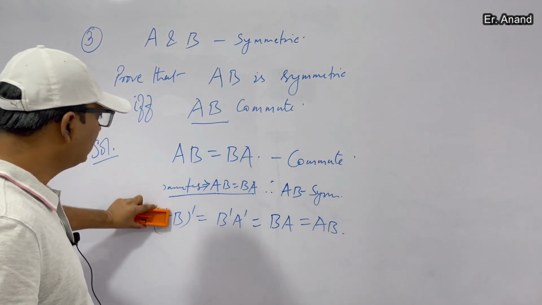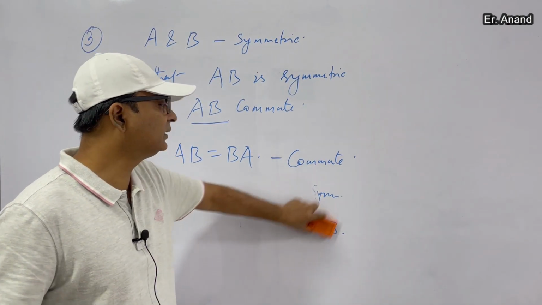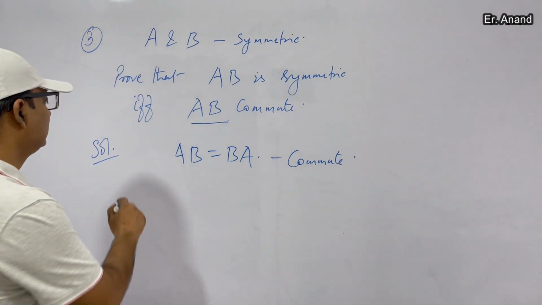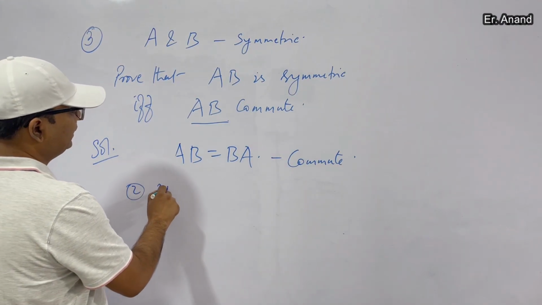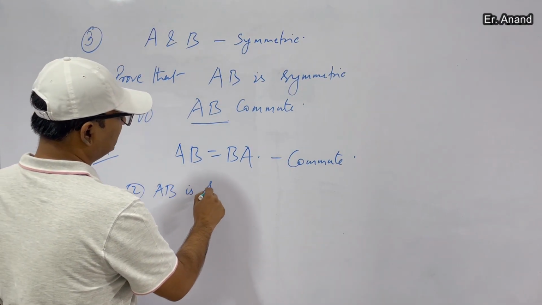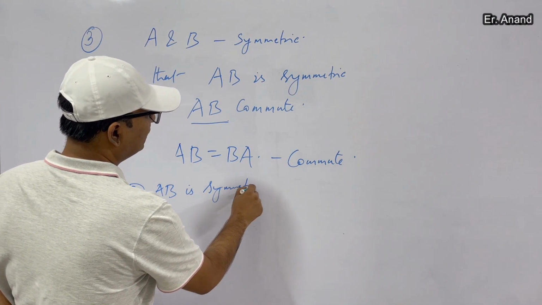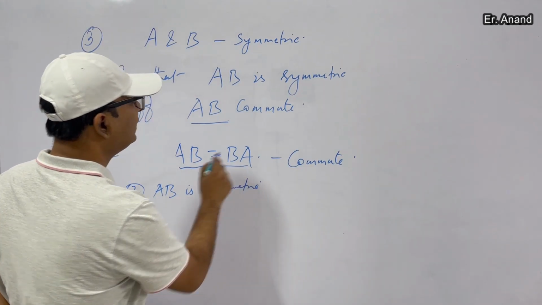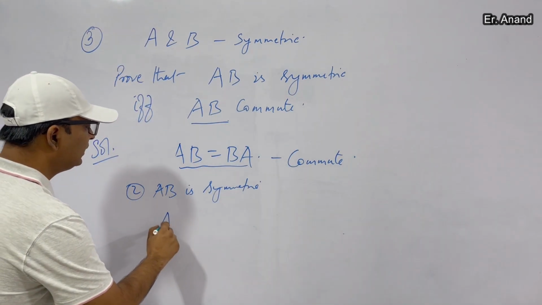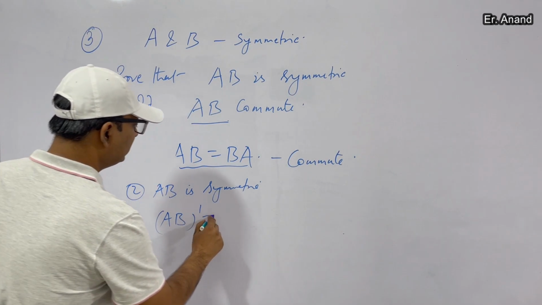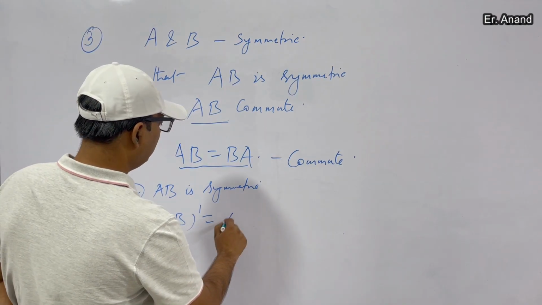Second, let's say AB is a symmetric matrix. Then we have to show that they commute. See, AB is symmetric. What is the meaning? This means (AB) dash is equal to AB.